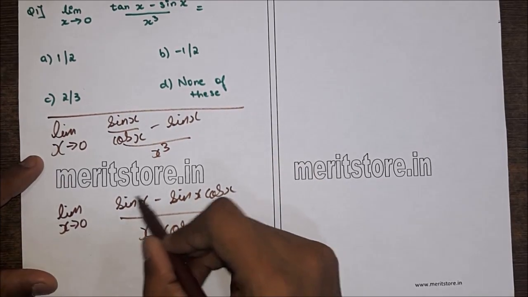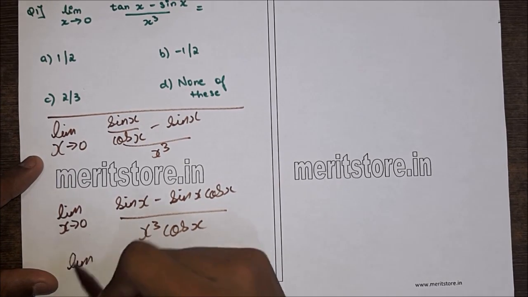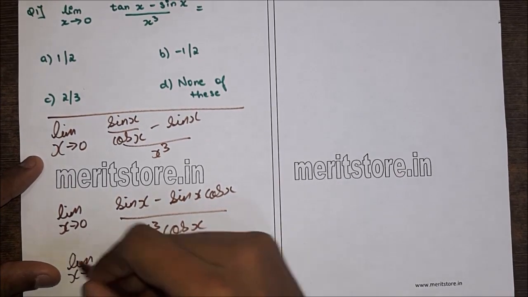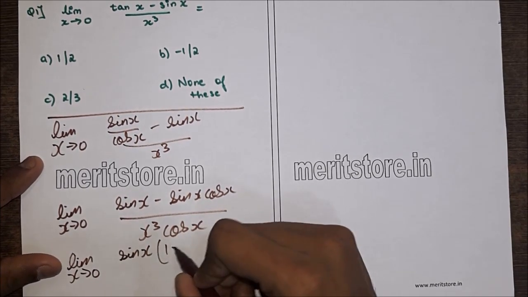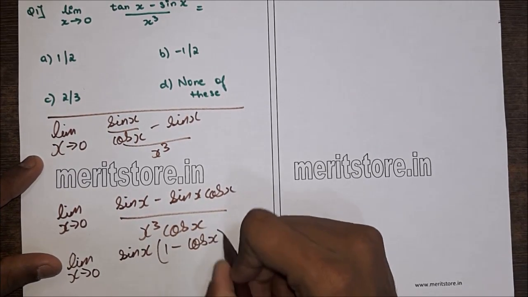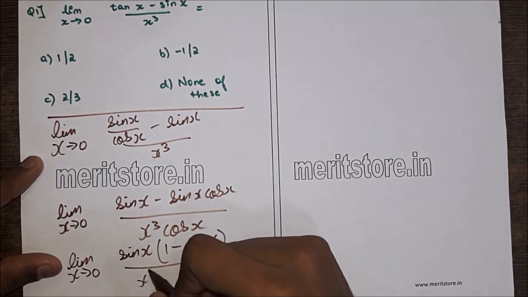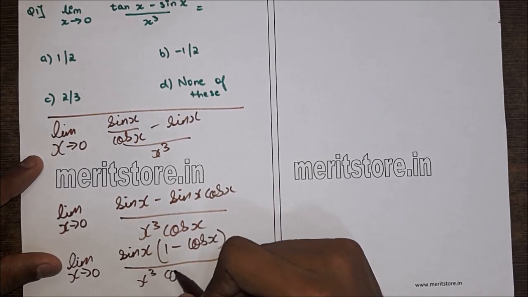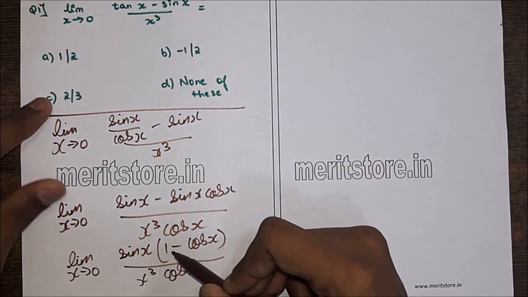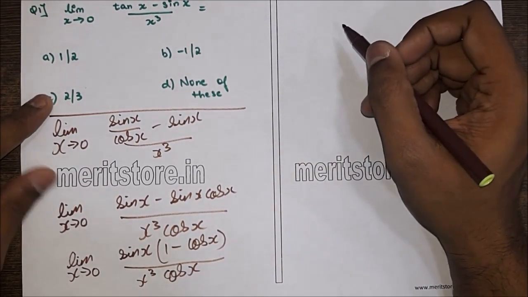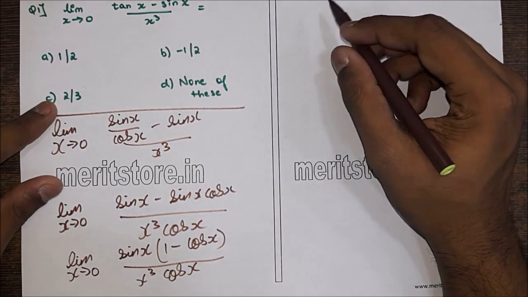So then we take sin x common, we get limit of x tends to 0, sin x (1 minus cos x) upon x cube cos x. We can write 1 minus cos x as 2 sin square x by 2.